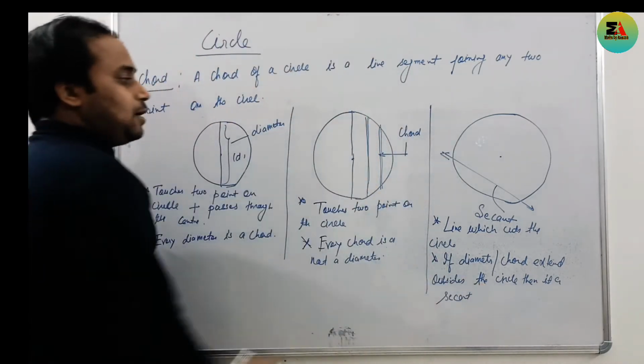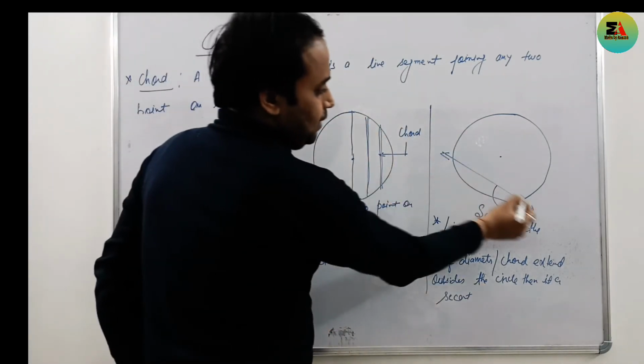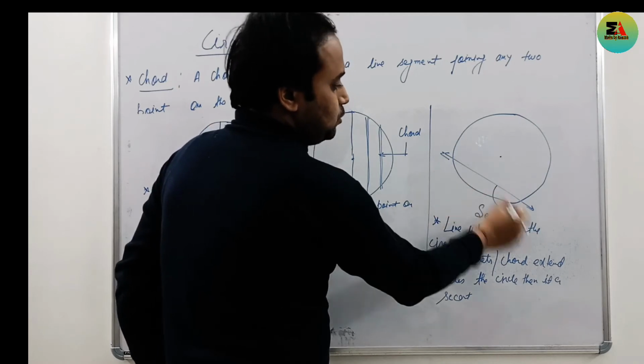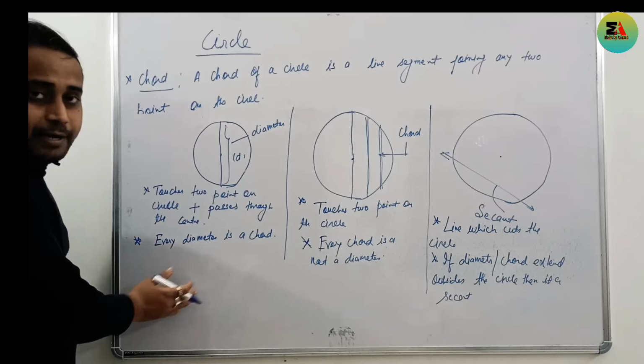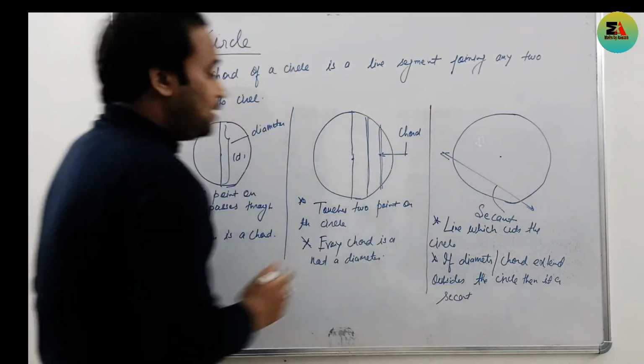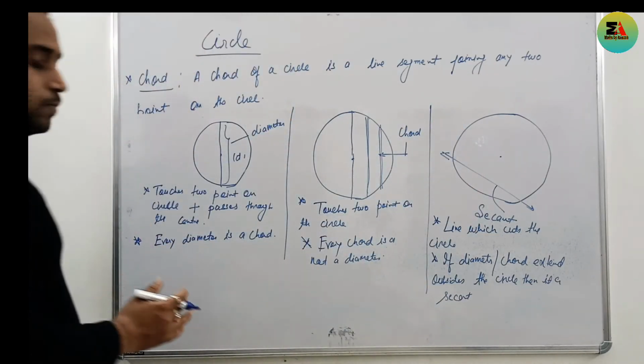How? Suppose this is a chord. You extend this chord from this point and this point. This is known as a secant. This is the basic difference between diameter, chord and secant. I hope this one is clear to you.